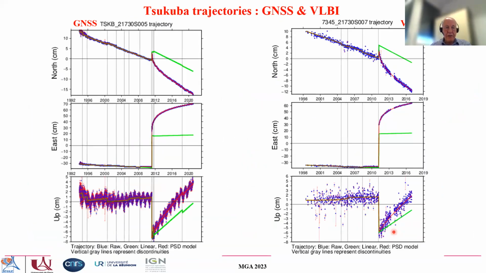Just an example of Tsukuba, a site in Japan where we have GNSS and VLBI instruments. Here I am showing the trajectory of the GNSS instrument in the northeast component. In blue is the original time series coming from GNSS. In green is the velocity due to tectonic motion.